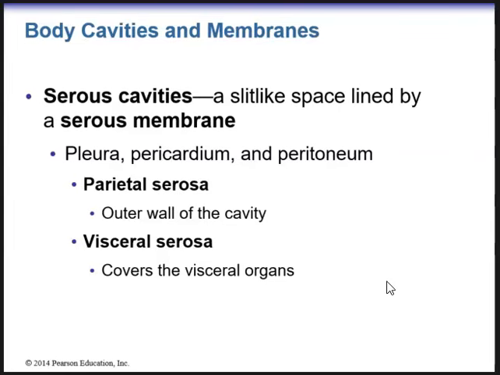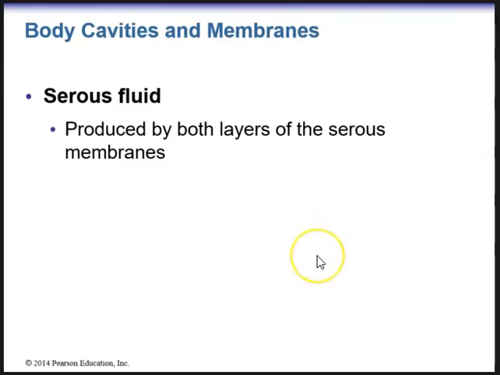Again, this makes up that outer wall that doesn't touch the actual organ, but it's still on the outer part. And then within the space between the two layers, you have fluid called serous fluid. Serous fluid is produced by both layers of the serous membranes.